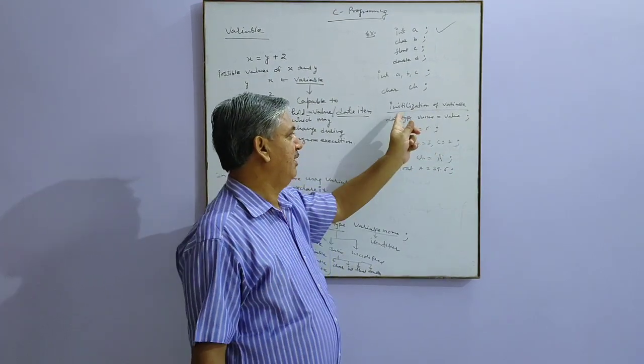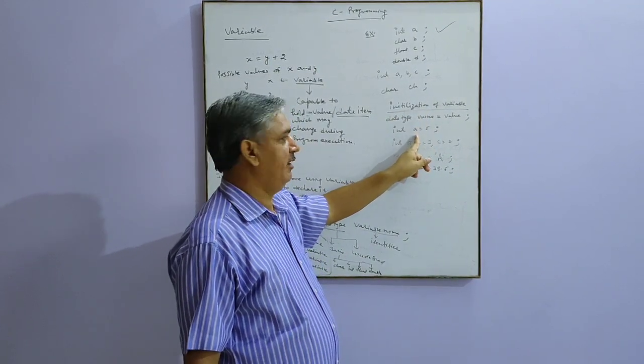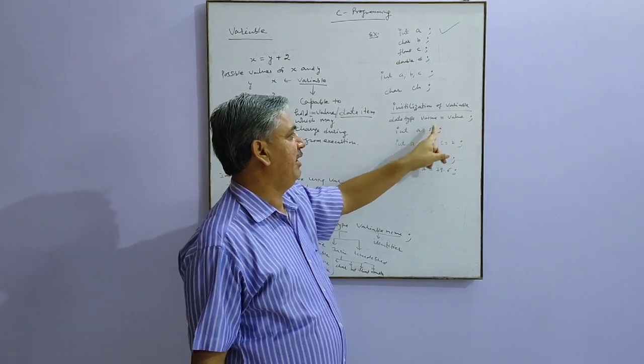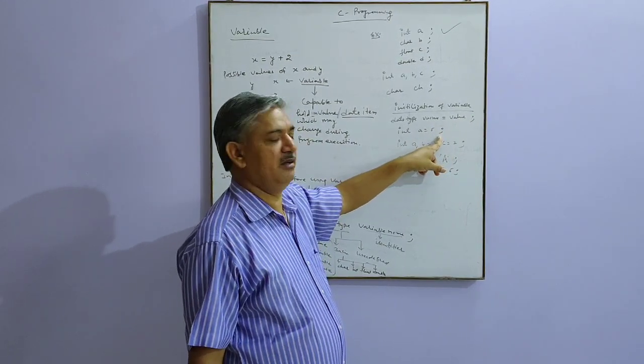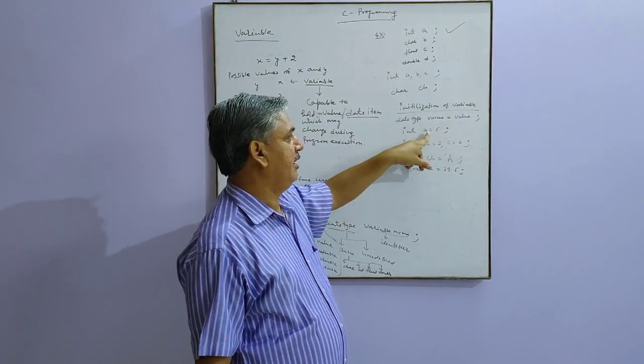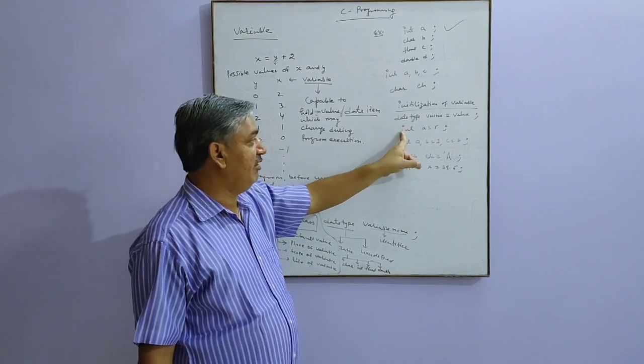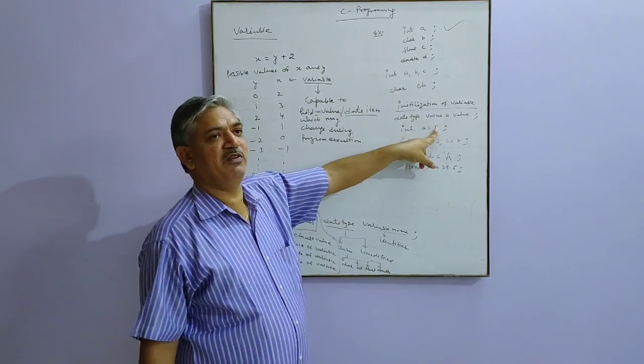For example, suppose the data type is int, variable name is A, then the assignment operator and value 5 and semicolon. Int A assignment operator 5 semicolon. It means A is a variable of integer type and the initial value of A is 5.